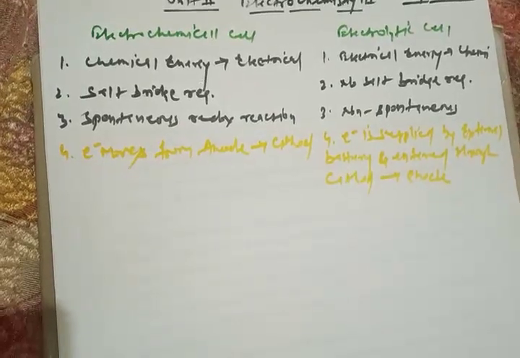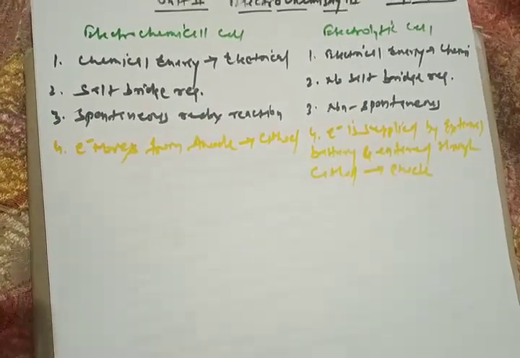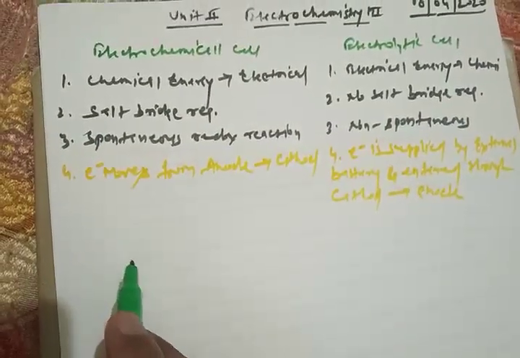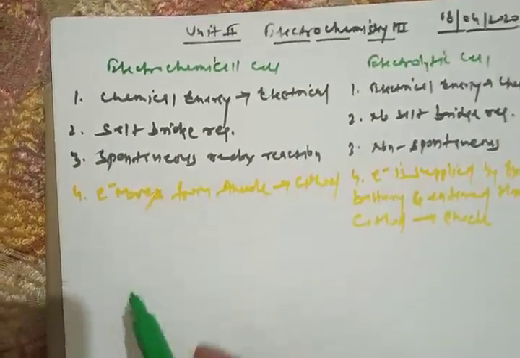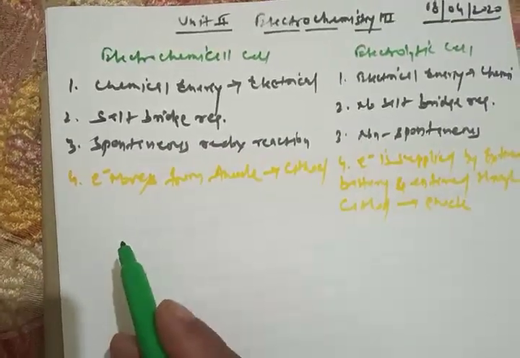Now there are some things which you need to remember, so I'm giving you a simple way to remember those things. Here in case of electrochemical cell, you need to remember the order of alphabets.